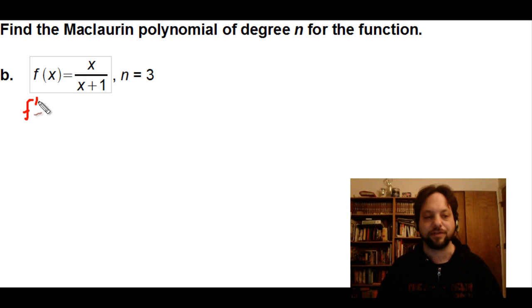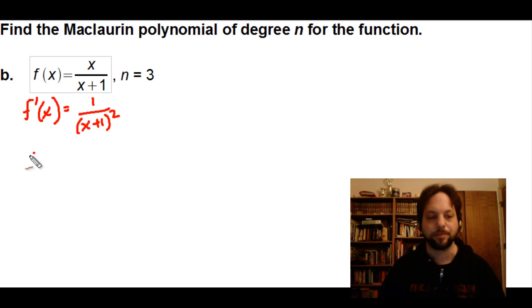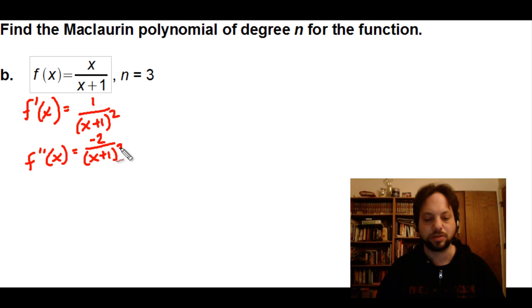We already have f of x. F prime of x in this case, and you can verify this for yourself, should be 1 over (x plus 1) squared. The second derivative should be negative 2 over (x plus 1) cubed.